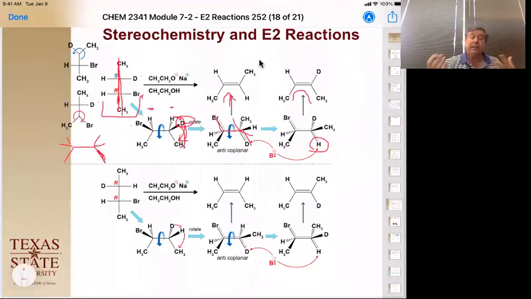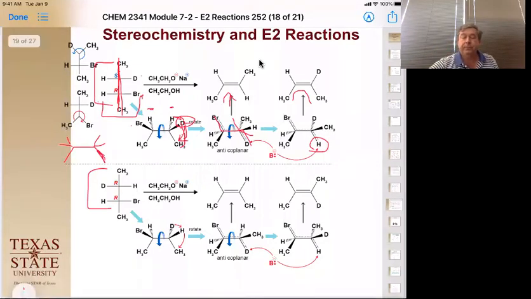So being able to translate that is okay. And so if you had either configuration right here, notice you're still going to end up with the same alkene. You're going to end up with a cis or trans alkene, with predominantly trans alkene as your product.